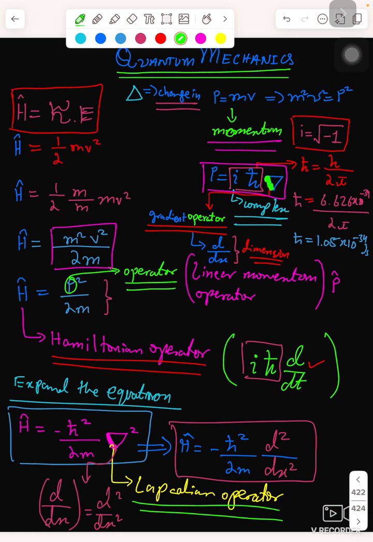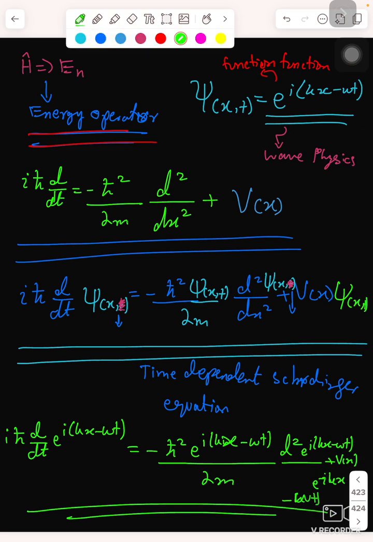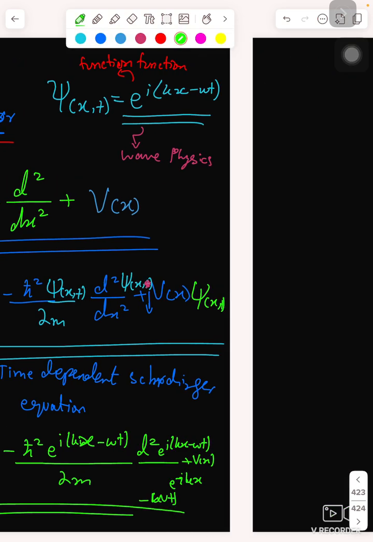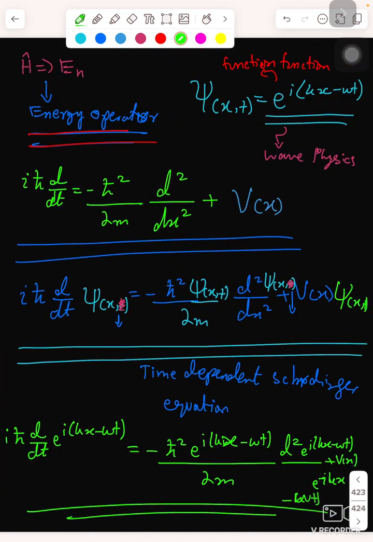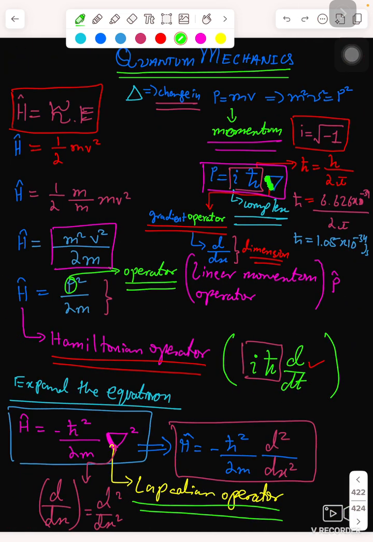And one last thing: why is i not included here? The reason is, if we take the square of i, it cancels out, right? We get minus 1. So yeah, that's it. Thank you.